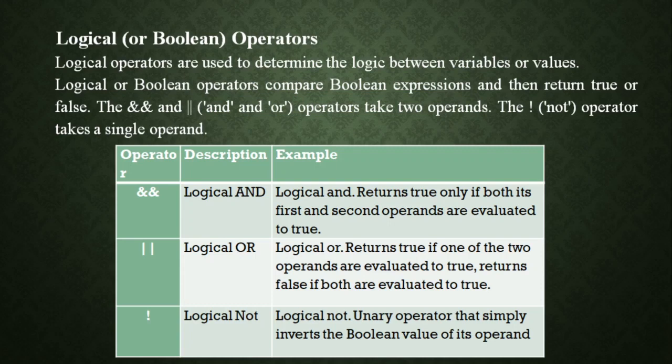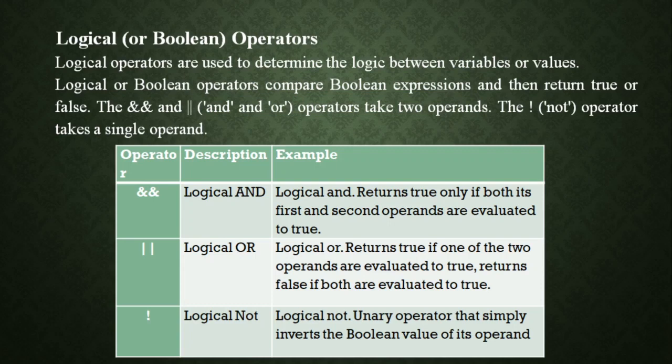Whereas logical OR returns true if one of the two operands is evaluated true. It returns false only if both the evaluated statements are false. If any one statement is true, it returns true. If the second statement is false, it returns true.